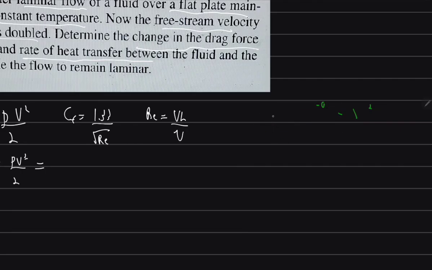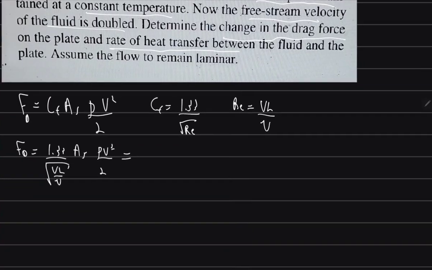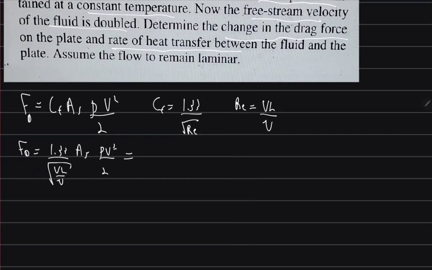So let's clean that up a little bit. We also notice there are some constants here, 1.33 and 2. So we say 1.33 over 2, that is about 0.664. That's what these constants get combined into.